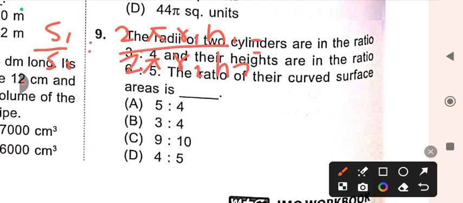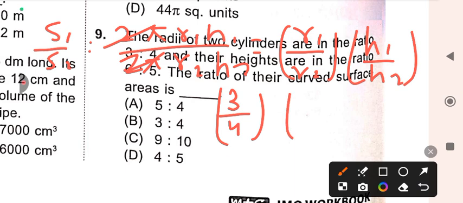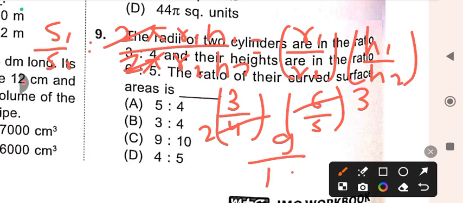So from here, cancelling both these things, we get R1 upon R2 into H1 upon H2, that is 3/4 into 6/5. We can just cancel, like 2, 3. So 3 3s are 9, 5 2s are 10, 9 upon 10. Option number 3 is correct.